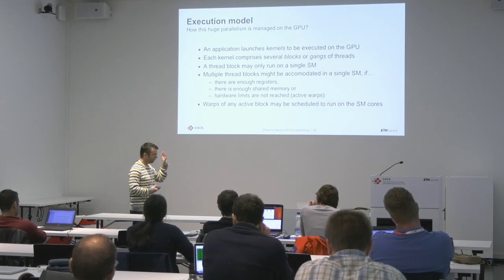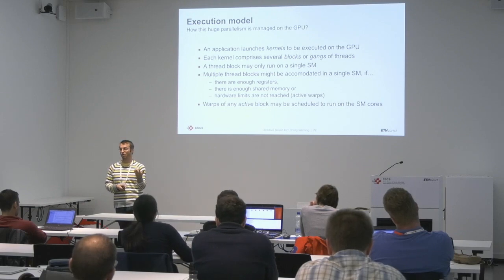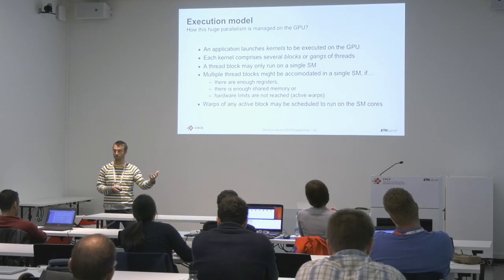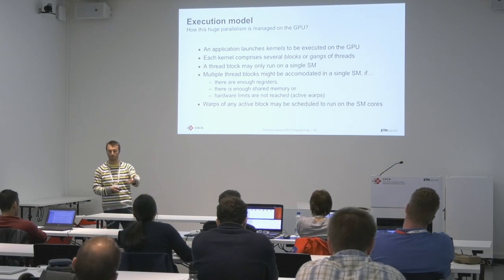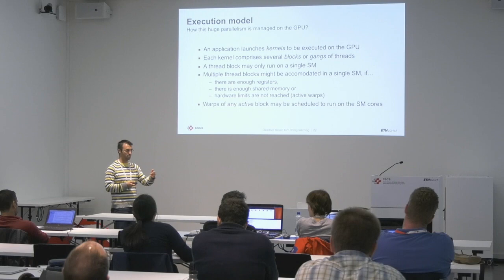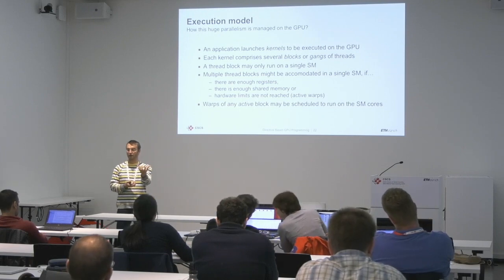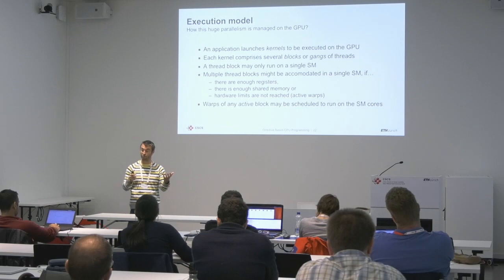Now, each of these blocks of threads may only run on one of the simultaneous multiprocessors that I've shown you before. These key components have the shared memory on them, and the GPU has multiple of them. The threads of a block may not run on different simultaneous multiprocessors.